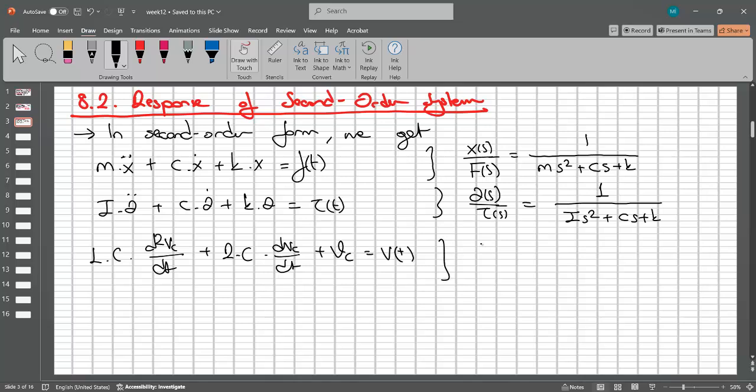And so, what is Vc(s) over V(s) in here? 1 over... No. R. LCs² plus RCs plus 1. Right? Okay.